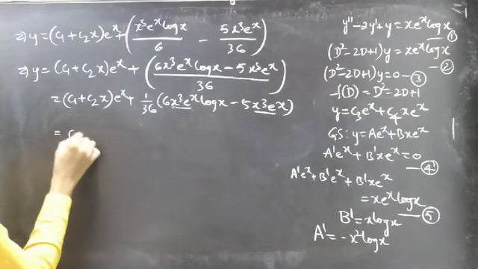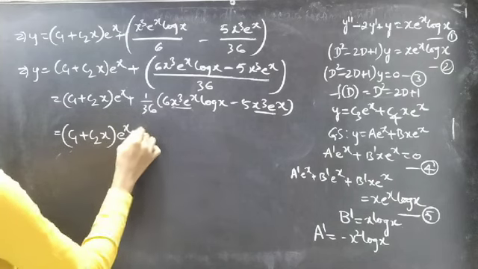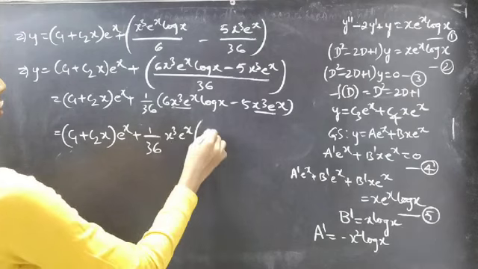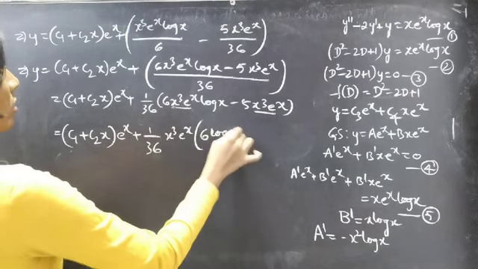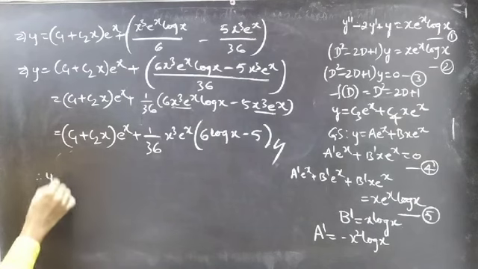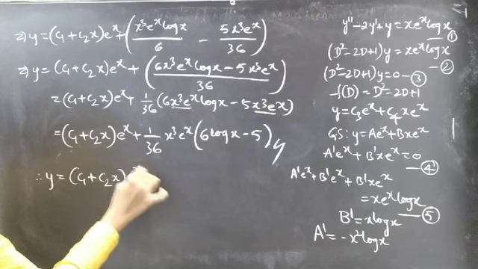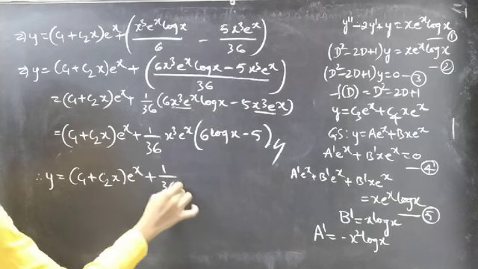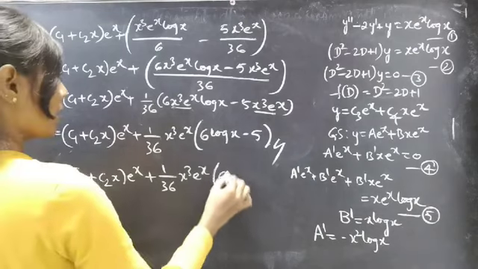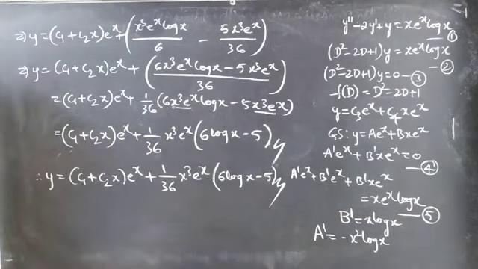So this gives us c1 plus c2 x, into e power x, plus 1 by 36 into x cube e power x of 6 log x minus 5. Therefore, y equal to c1 plus c2 x, into e power x, plus 1 by 36 x cube e power x of 6 log x minus 5. This completes the problem.